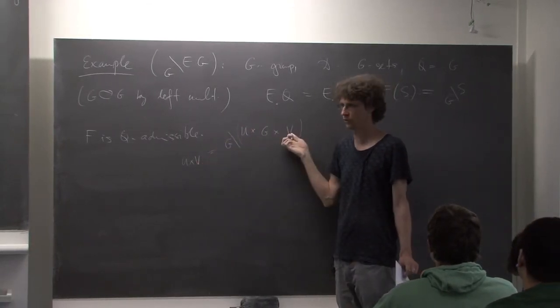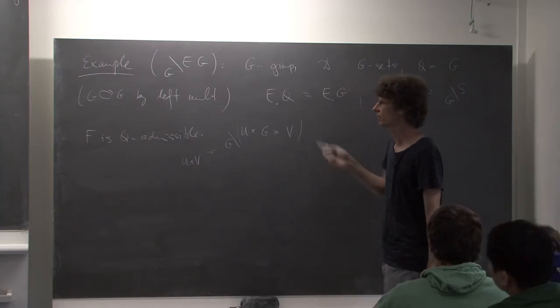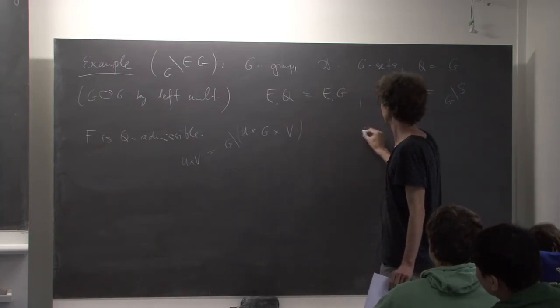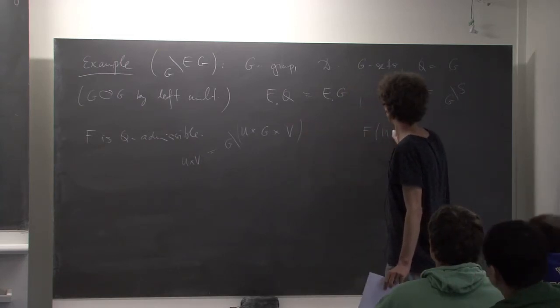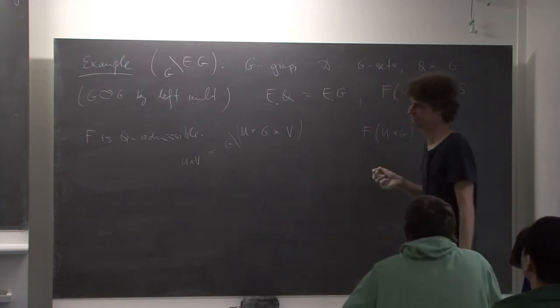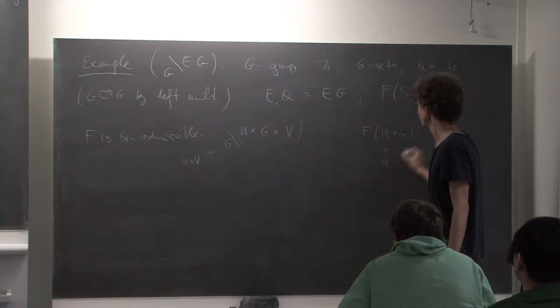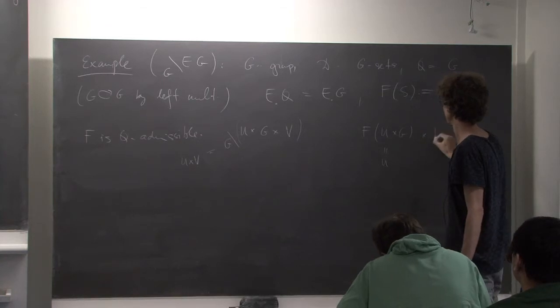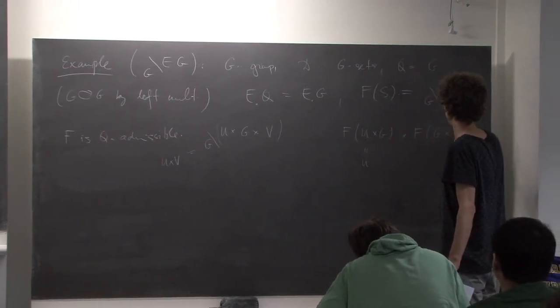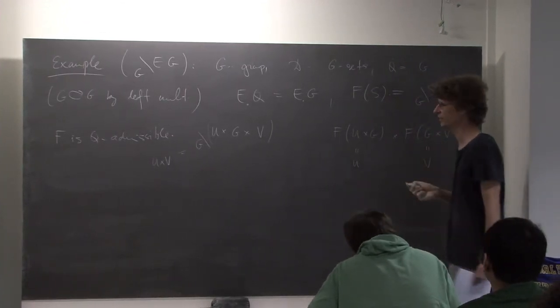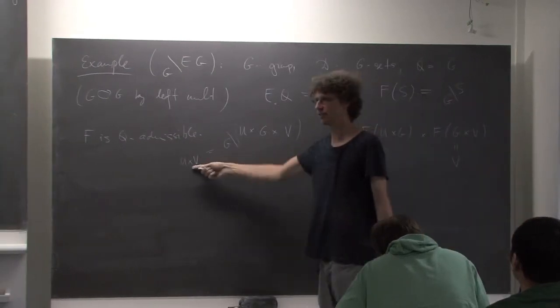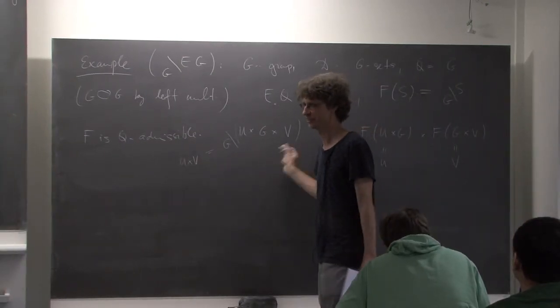So this is always just that. But then F of U times G is again just U, and F of G times V is just V, and this famous isomorphism is just the identity.